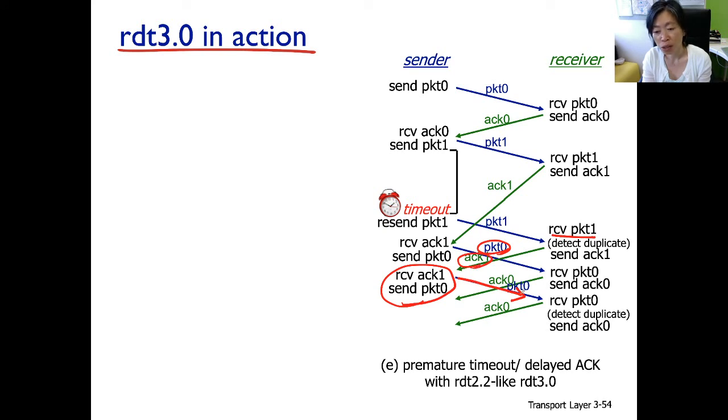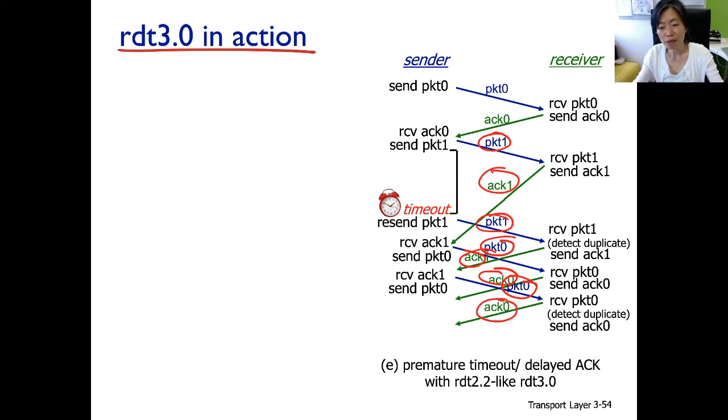So retransmit packet 0. And that's going to trigger another ACK 0. You see, packet 1, packet 1. ACK 1, ACK 1. Packet 0, packet 0. ACK 0, ACK 0. So for every data packet, for every ACK packet, there's going to be what? A parallel sending, a duplicate of it.